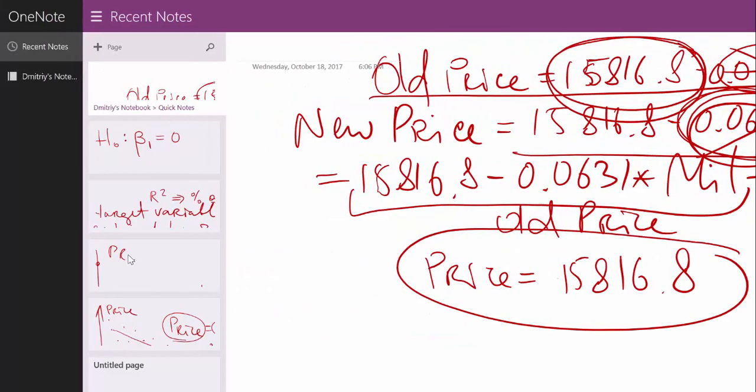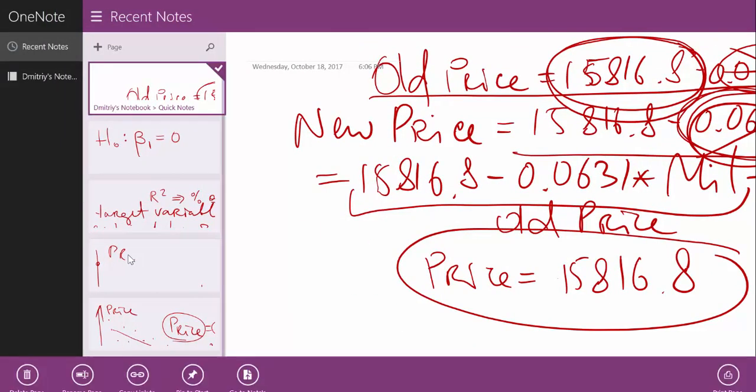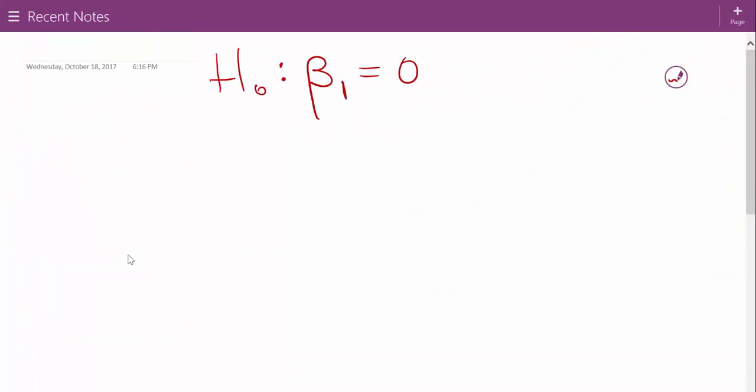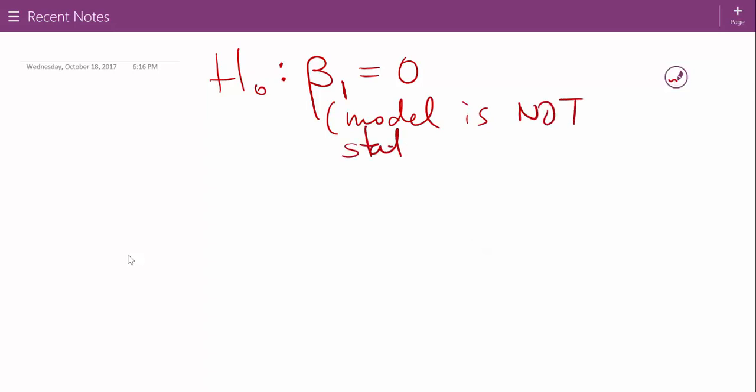Not the price, certainly, okay? So if I find in favor of my null hypothesis, it's the same thing as to say that my model is not statistically significant.